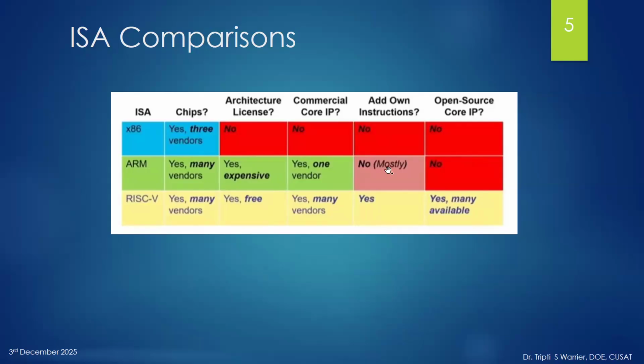Another very important advantage of the RISC-V ISA is that because it is a base plus extension kind of architecture, in RISC-V you can add your own instructions and customize the core for a particular application.